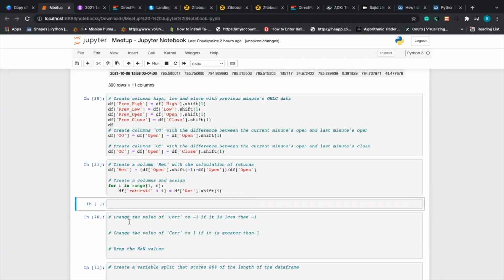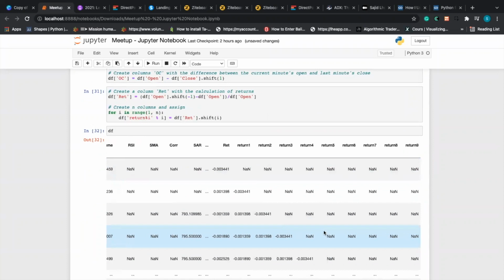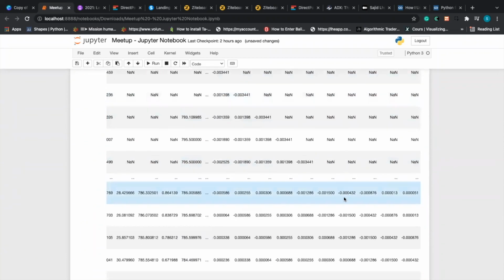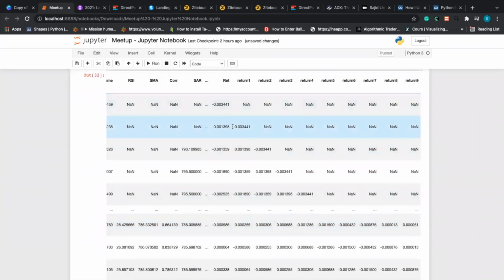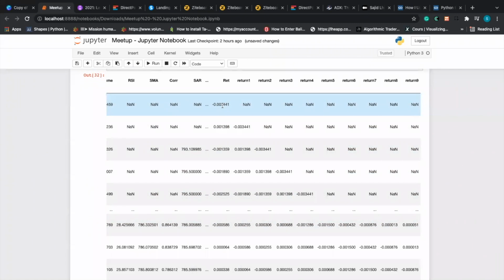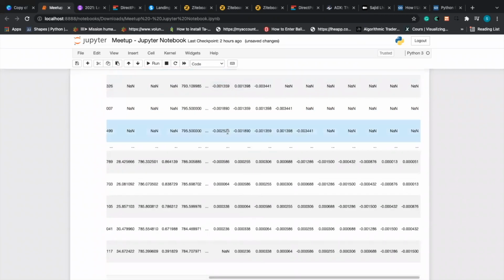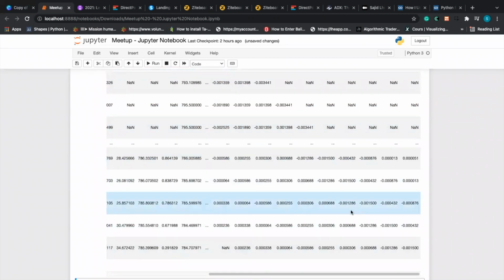And if you take a look at the data set right here, as you can see, we have the return on the last 9 periods. Here's the return in terms of percent. As you can see, that's the return per minute, so the percent is super low. Here we got 0.3%, which is quite high, but overall that's quite a low value because within 1 minute you don't have so much variation.